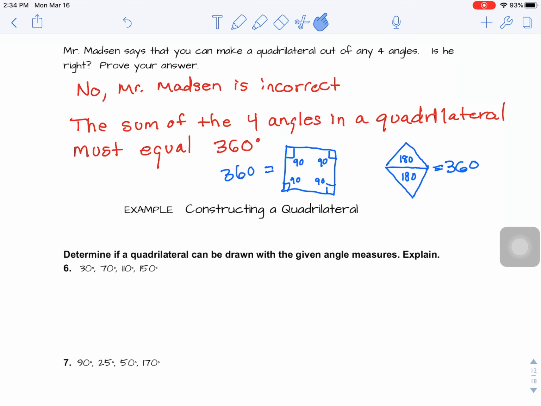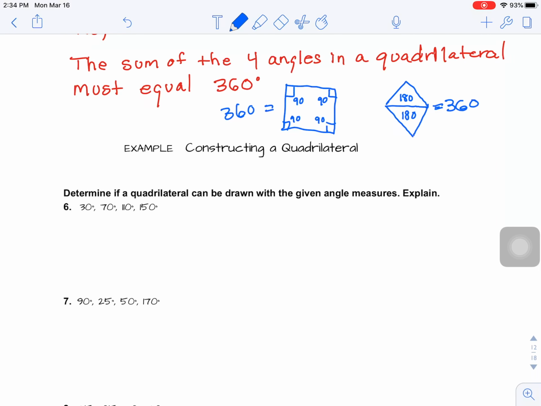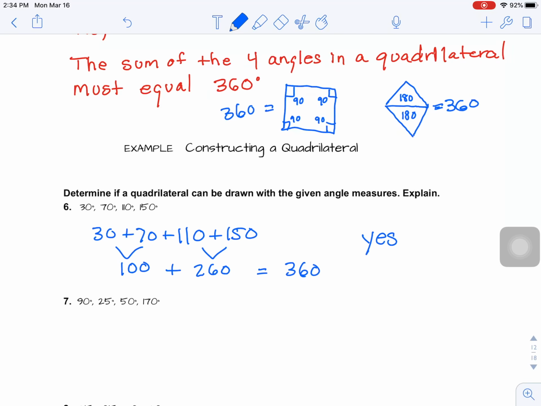Knowing that, let's look at these examples below. 30 plus 70 plus 110 plus 150: 30 and 70 is 100, 110 and 150 would add to 260, 100 and 260 would equal 360, so yes, this is a quadrilateral.